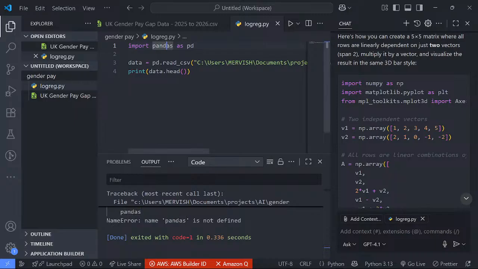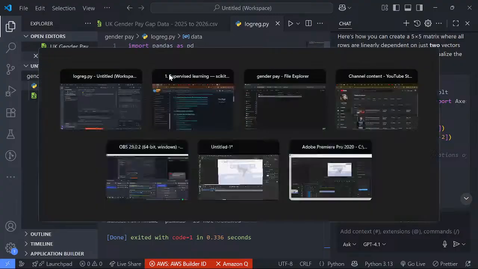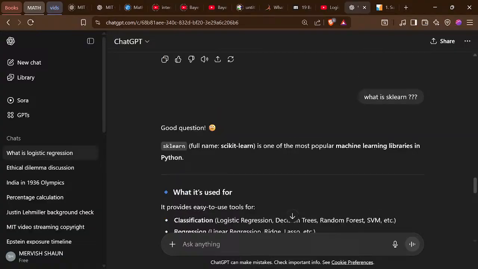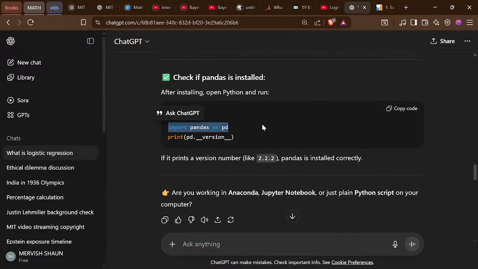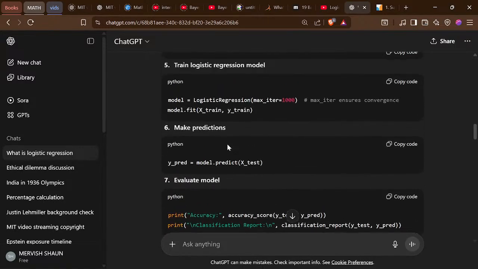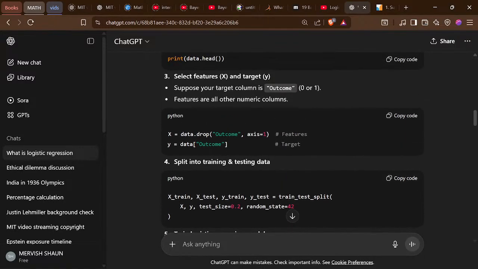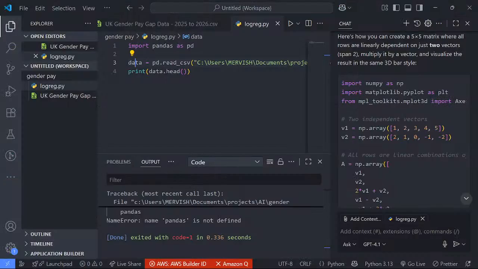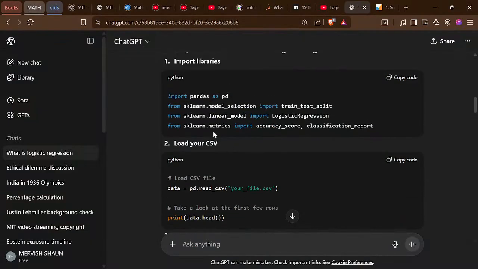It's right there. Data.head. Why is it not defined, bro? I don't get it. Pandas. Why is it not like read CSV?